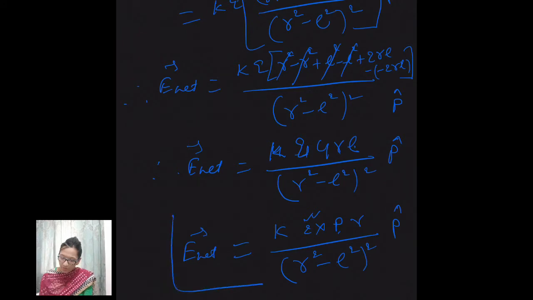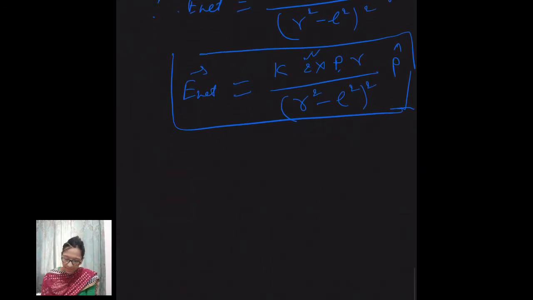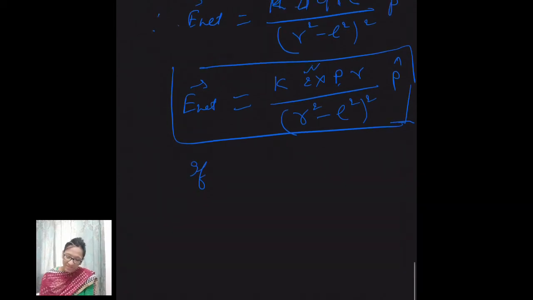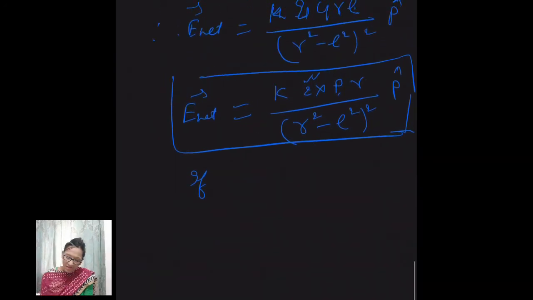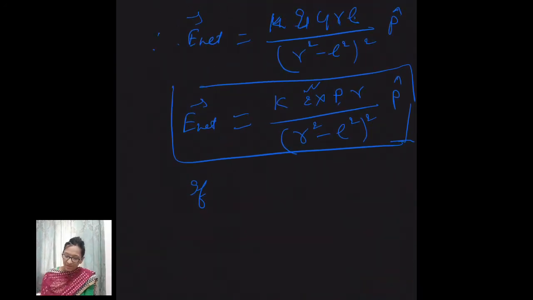Now suppose this R, आपका जो ये R है, if it is very greater than the length of the dipole.